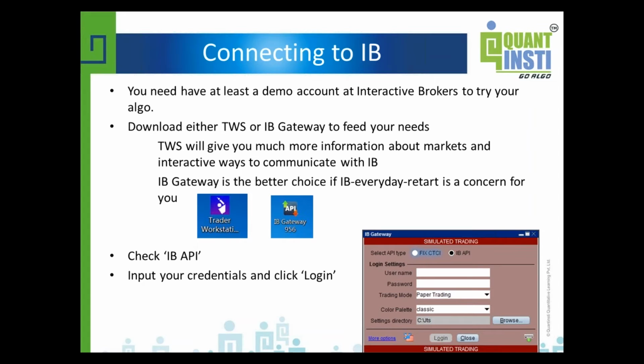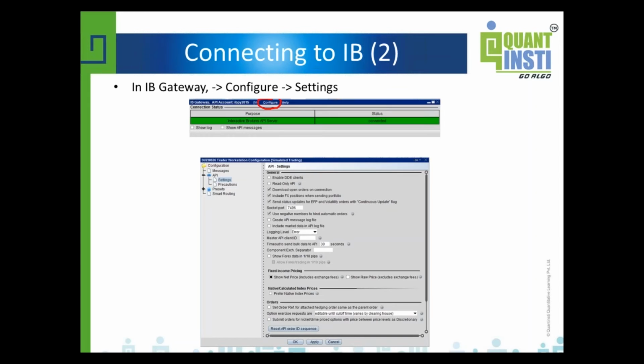It's much easier, cleaner. Okay, here I show a typical IB Gateway login window. So first you need to select API type as IB API, then put in your username, your password, and either paper trading or real trading, and then click login.